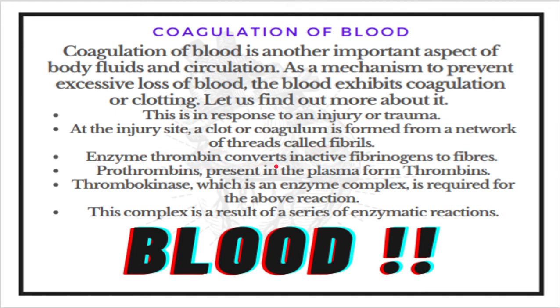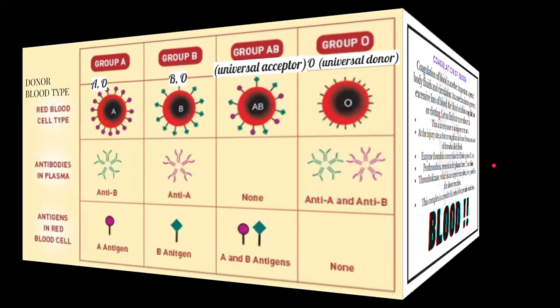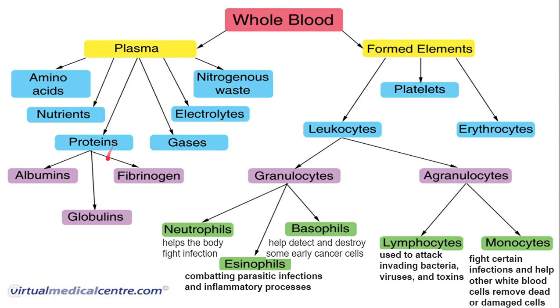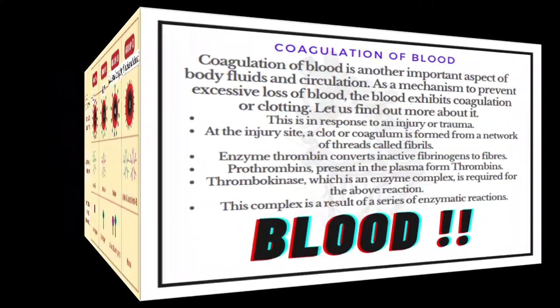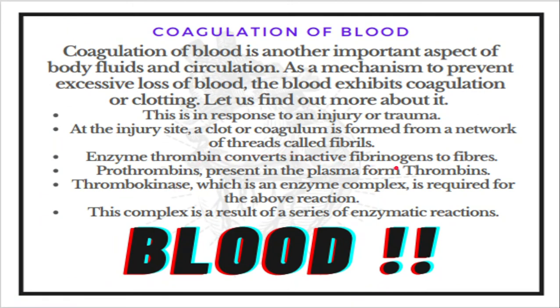The enzyme thrombin converts inactive fibrinogens to fibers, and prothrombin present in plasma forms thrombin. So first prothrombin forms thrombin, then that thrombin converts inactive fibrinogens to fibers.